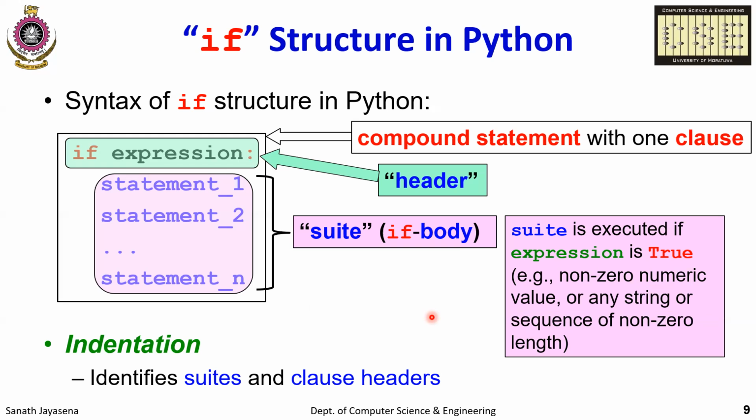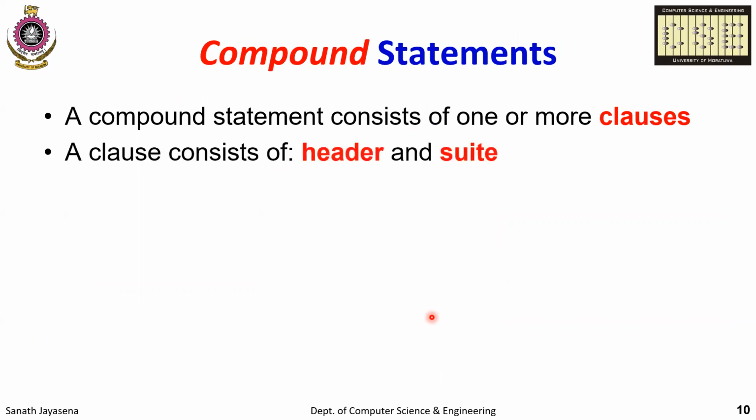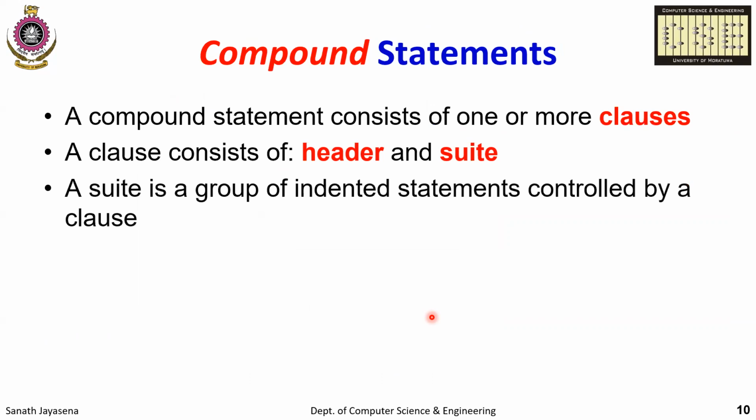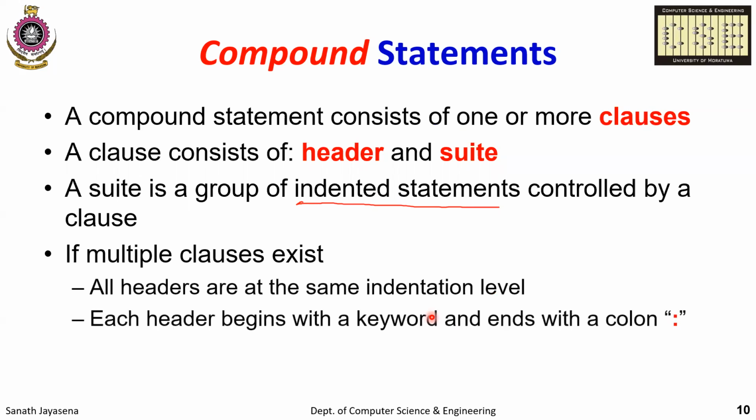All right, when you say a compound statement, it means it can have one or more clauses. A clause is basically a header and a suite. In the if clause, we had only a single header and a suite. A suite is a group of indented statements controlled by a clause. If there are multiple clauses, all the headers will be at the same indentation level, and each header begins with a keyword and ends with a colon.